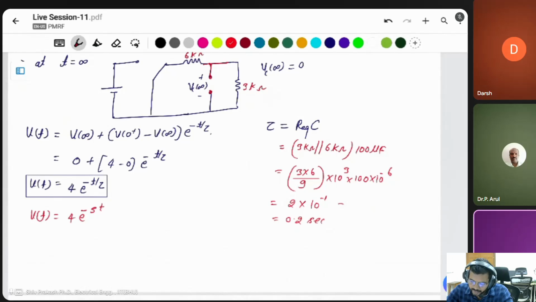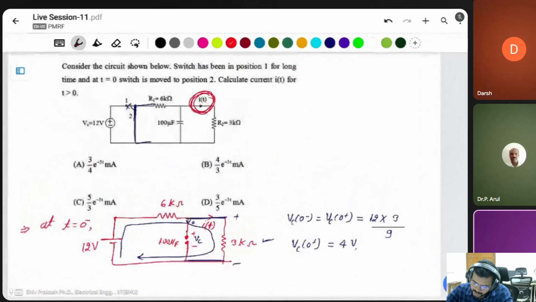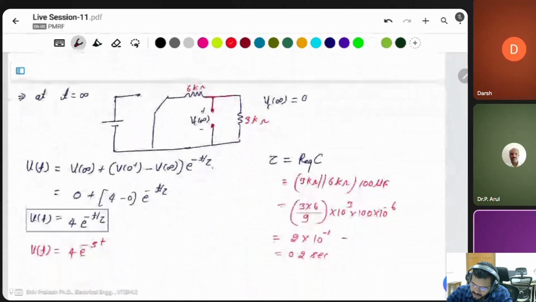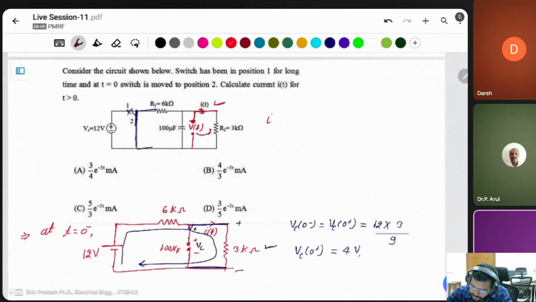Then you have to find the current. You get the value of the voltage across the capacitor, Vt. Then if you want to find the current, it means voltage divided by resistor. It will be Vt divided by R2, which is 3 kilo ohm.